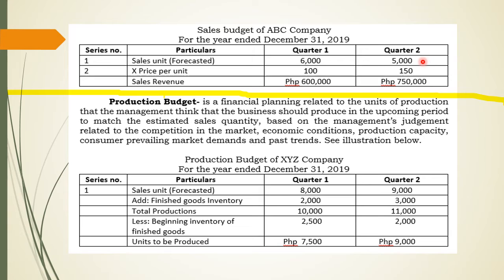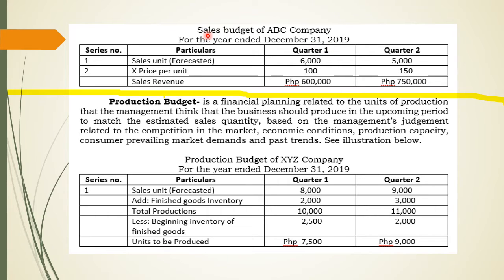Well, there are a lot of factors. Maybe nagamay ang supply and the price has gone up. So, you have a better sales revenue in quarter 2. So, this is the whole computation for sales budget.